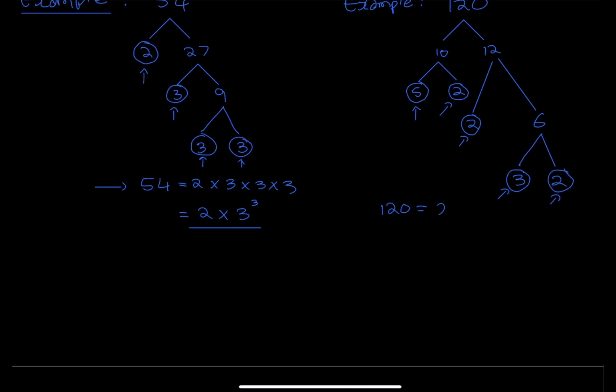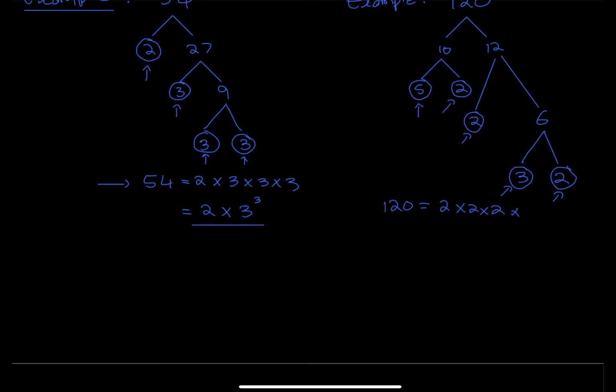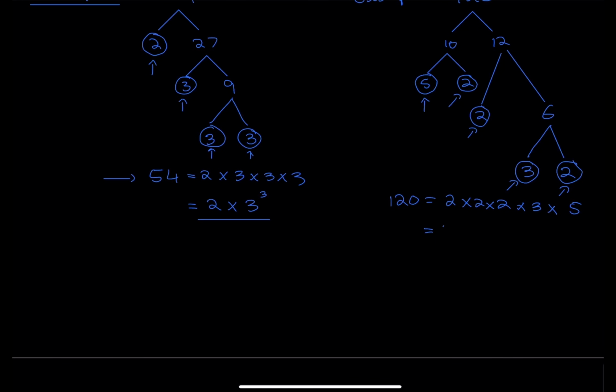So the three 2s, I'd say 2 times 2 times 2 times 3 times 5. All right, and to simplify this, I would say 2 cubed times 3 times 5, and that is your answer.